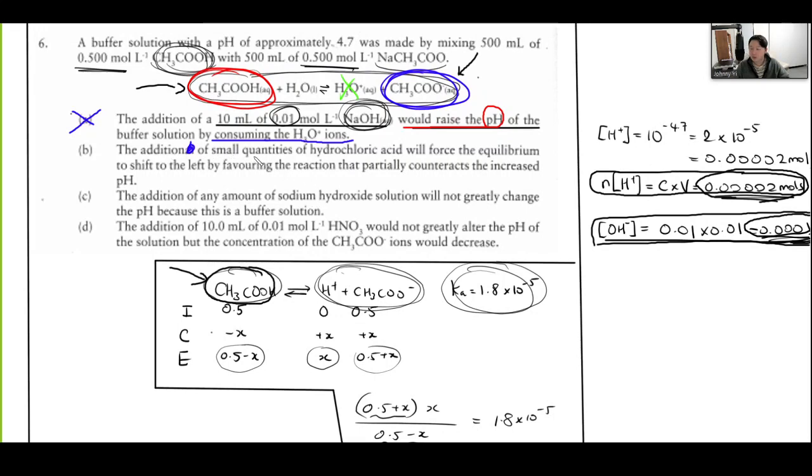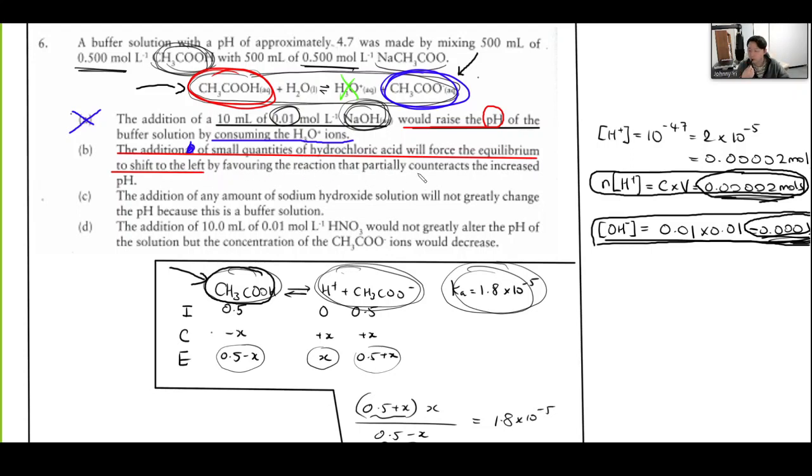Yes, the addition of small quantities of hydrochloric acid will force the equilibrium to shift to the left by favoring the reaction that partially counteracts the decrease in pH, because when you introduce hydrochloric acid... So I would say everything up to here is fine. It shifts to the left, okay?